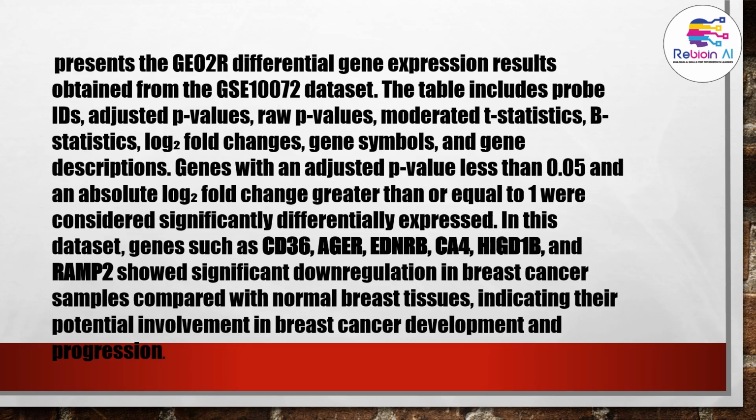Genes with adjusted p-value less than 0.05 and log fold change greater than or equal to 1 were considered significantly differentially expressed. In this dataset, genes such as CD36, AGER, ADRB2, CA4, HIGD1B, and RAMP2 show significant downregulation in cancer samples compared with normal tissue.